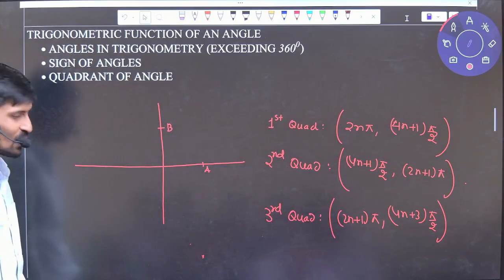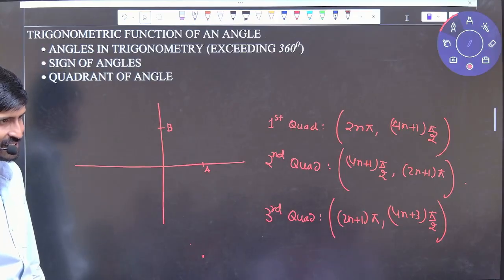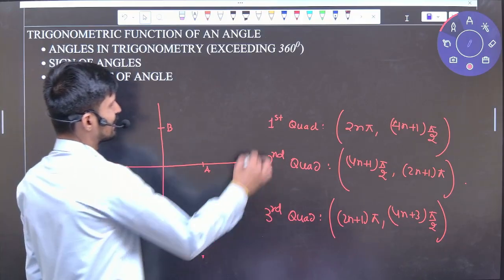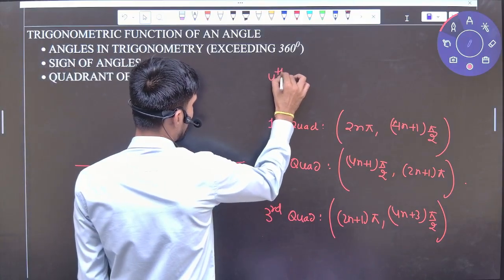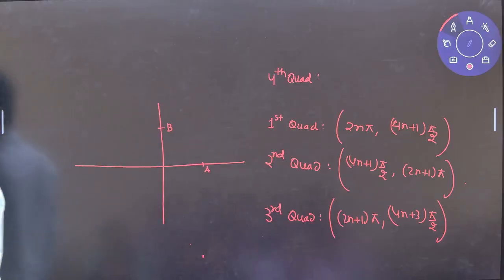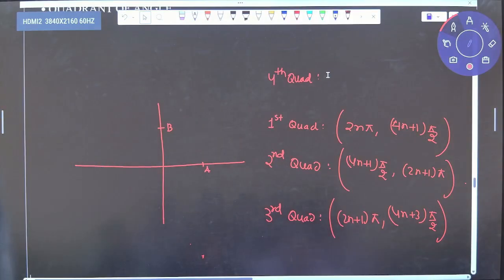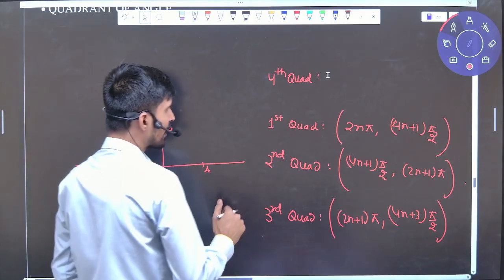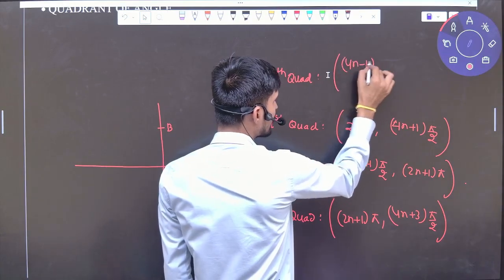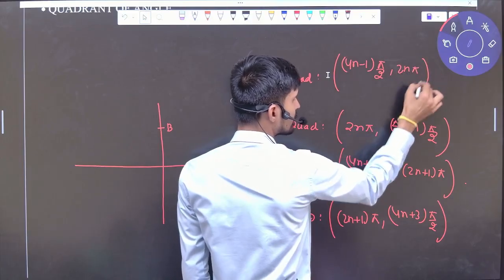Now the question is how you will write the fourth quadrant. How will we write the fourth quadrant? The fourth quadrant we will write, say this, (4n minus 1) pi by 2 to 2n pi.